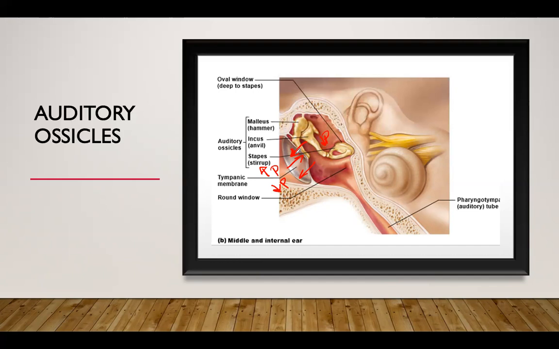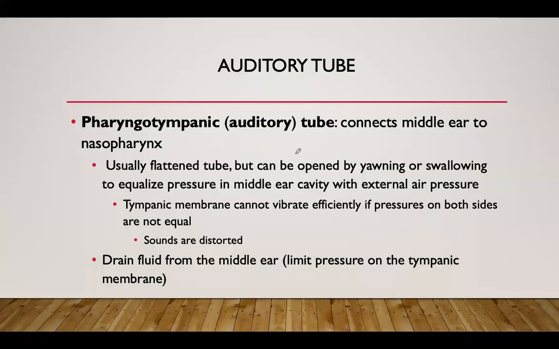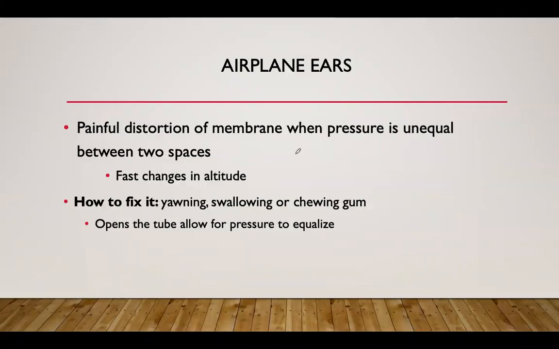Now, why are we talking about this? Let's talk about a couple of scenarios that are associated with this auditory tube. First thing is what we identify as airplane ears. Again, if you have ever traveled on a plane when your elevation is increasing, typically rapidly, you will notice this kind of painful distortion of the sound. So your ears basically feel plugged.